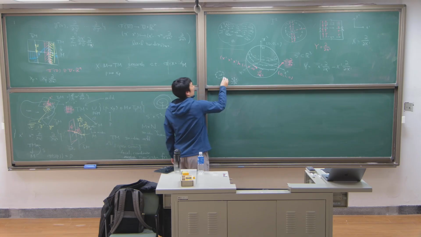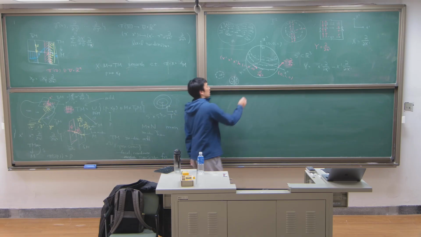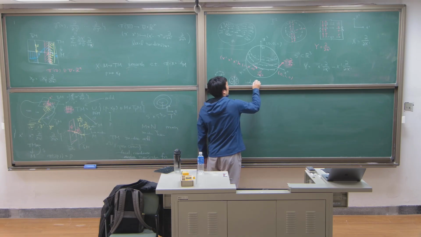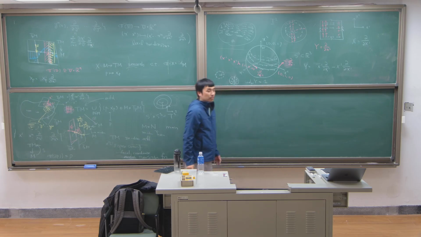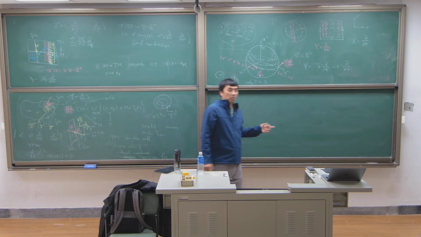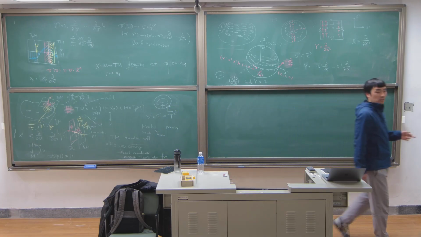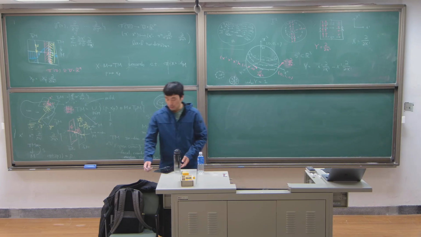So you just start with the upper one and rotate like this way, like 2 pi. So therefore, the index of the North Pole is equal to 1. The same thing happens in the South Pole. So therefore, 1 plus 1 is equal to 2, which is the Euler characteristic of S2. Okay.